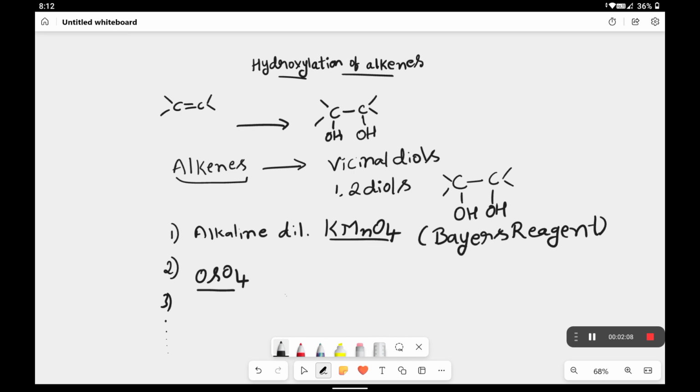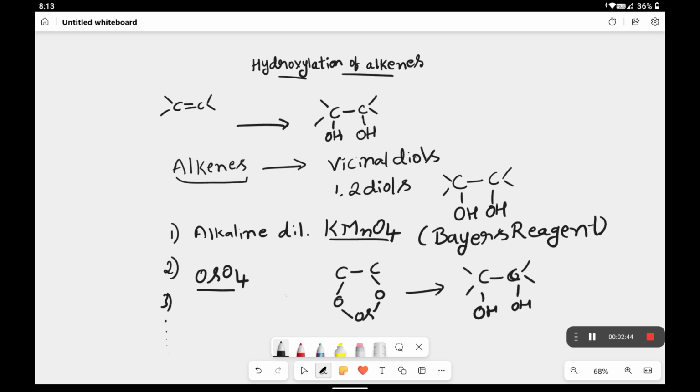First, the alkene undergoes addition with osmium tetroxide or KMnO4 to form a cyclic inorganic ester. We can discuss this in detail in the mechanism. Then we do subsequent hydrolysis to give hydroxyl groups on the adjacent carbons.